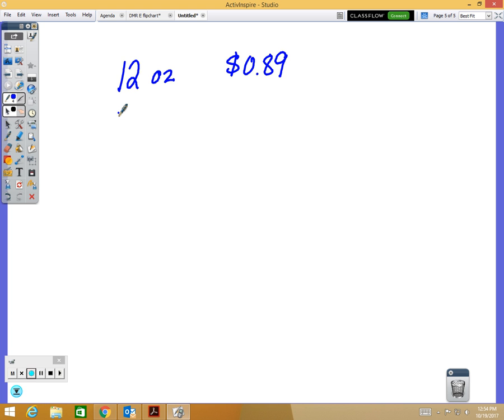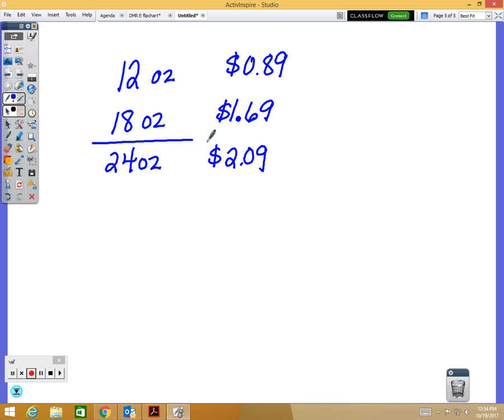They have an 18-ounce size, which is $1.69. And they have a 24-ounce size, which is $2.09. And you want to know which one of these, obviously the smaller one is the least expensive, but which one of these is the cheapest per ounce?